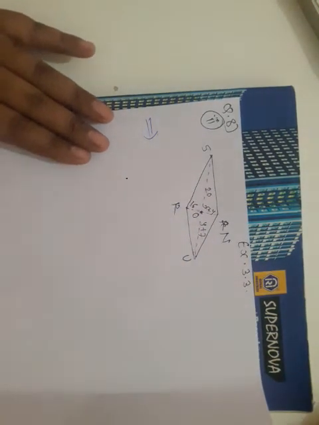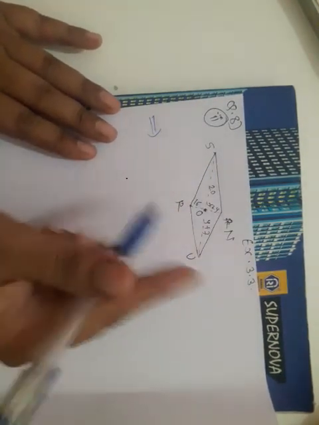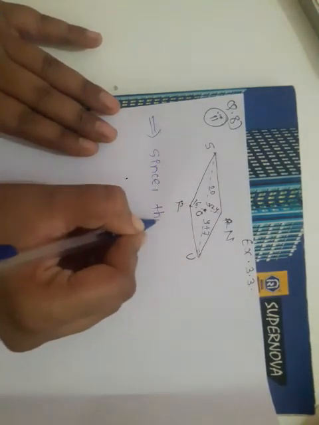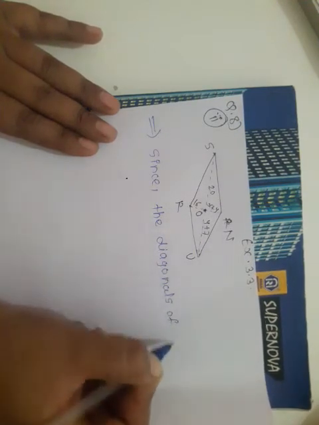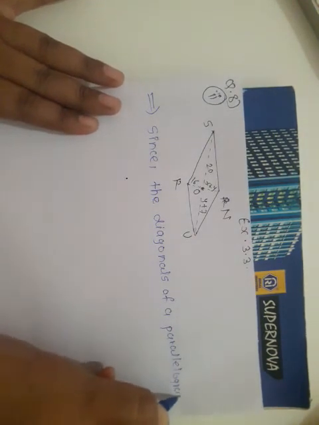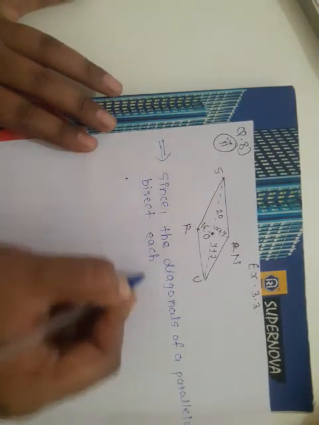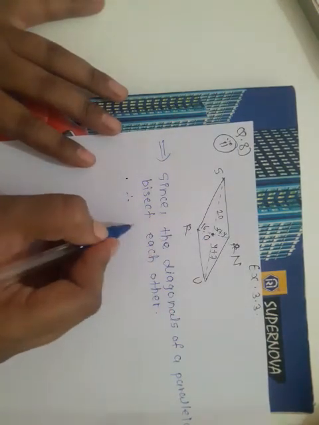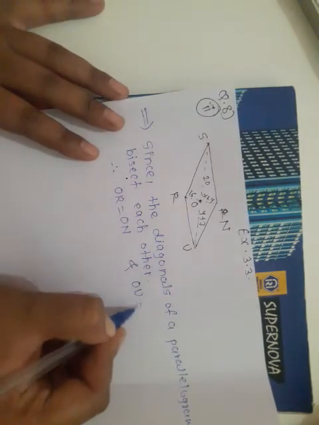With the help of this property we can solve the example. Write down, since the diagonals of a parallelogram bisect each other, therefore OR is equal to ON, and also OU is equal to OS.